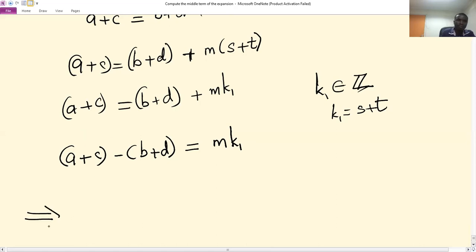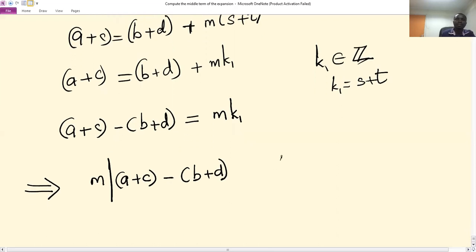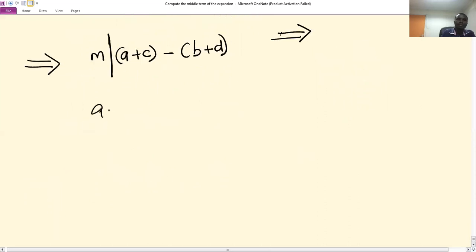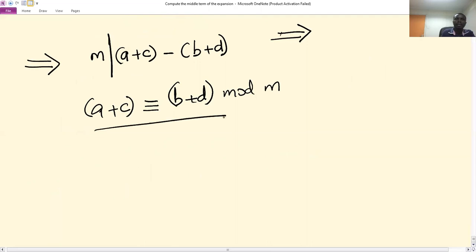Which implies, since this is an integer, M divides A plus C minus B plus D. And if M divides the difference, then this means that A plus C is congruent to B plus D modulo M. And the first property is proved.